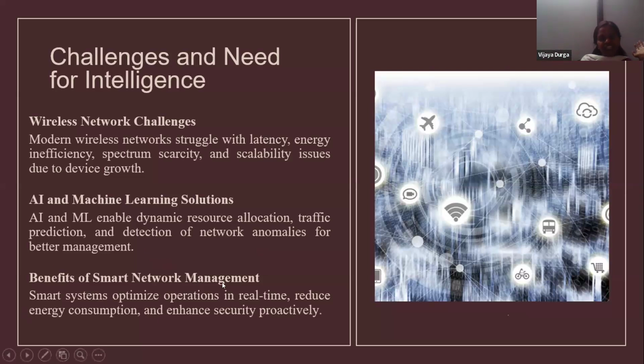Then benefits of smart network management. Smart systems optimize operations in real time, reduce energy consumption, and enhance security and safety, everything. It can give comfort also. Smart home is mainly based on comfort. If you want good comfort, you can make your home a smart home. That is possible due to AI only.